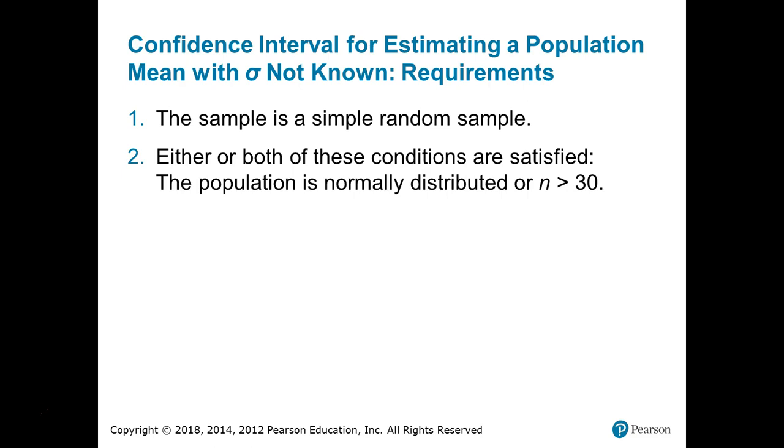And number two, really the more tangible one in terms of data values, is that the population must be normally distributed and/or n is greater than 30. And if it's not normally distributed and n is still greater than 30, we are protected by the central limit theorem that we covered in, I believe, section 6.4.